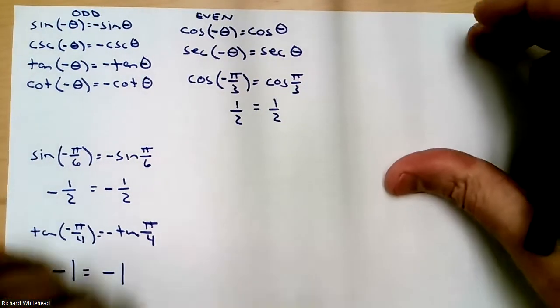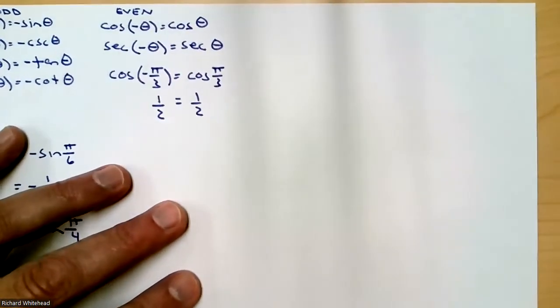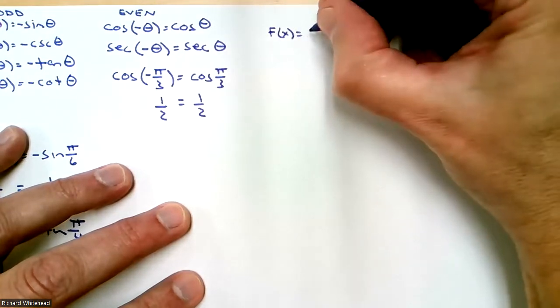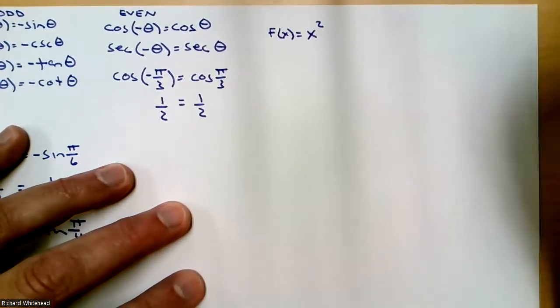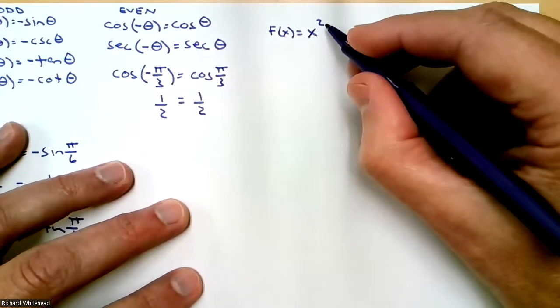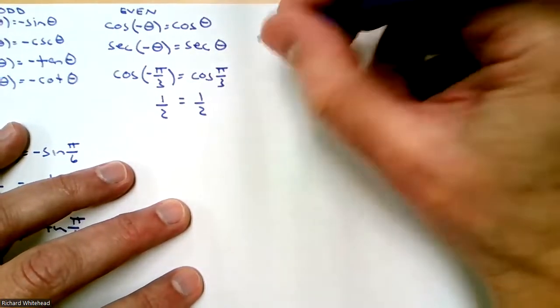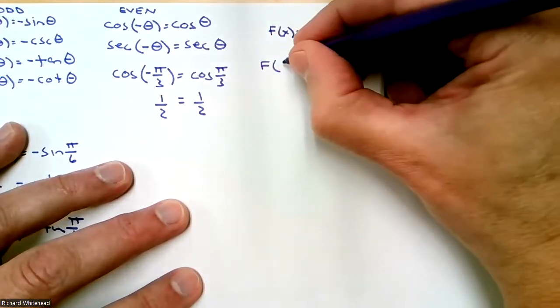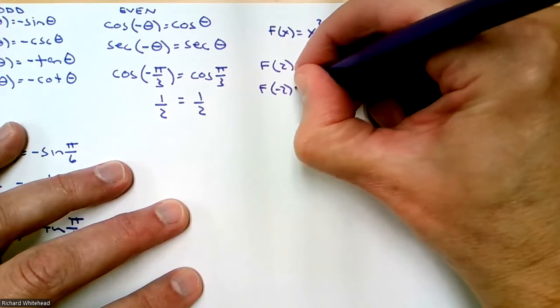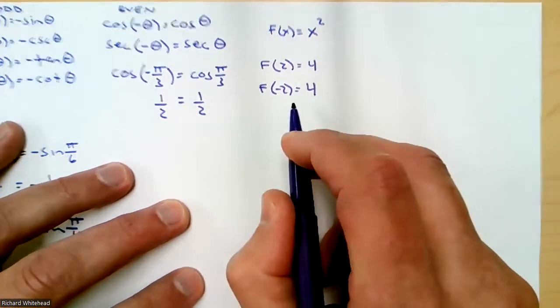The way I always remember this is this. If I have an even function, like f of x equals x squared, because back in algebra 2 you probably learned that it's called an even function if all the exponents are even. So what's f of 2? Well, f of 2 is equal to 4. What's f of negative 2? Well, f of negative 2 is also equal to 4.